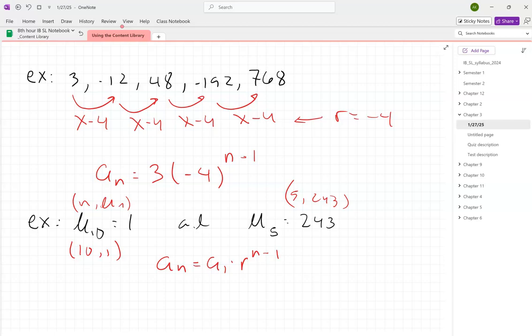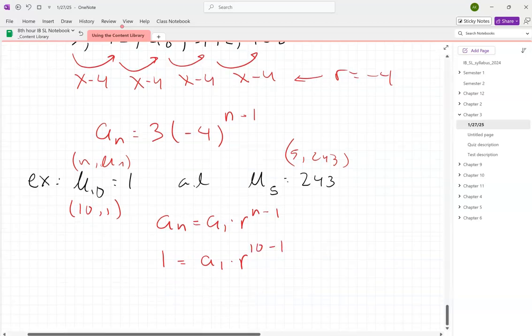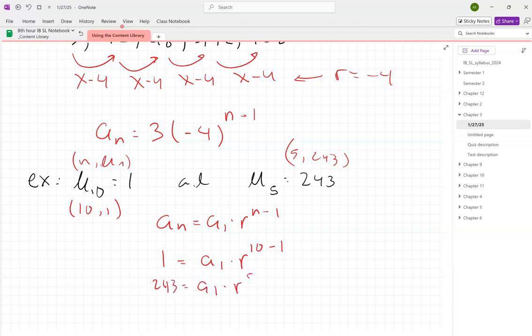So I'd have 1 equals a sub 1 times r to the 10 minus 1. And then I'd have 243 is equal to a sub 1 times r to the 5 minus 1. That's going to create a system of two equations, a and b. I'm going to solve that system using substitution or elimination.